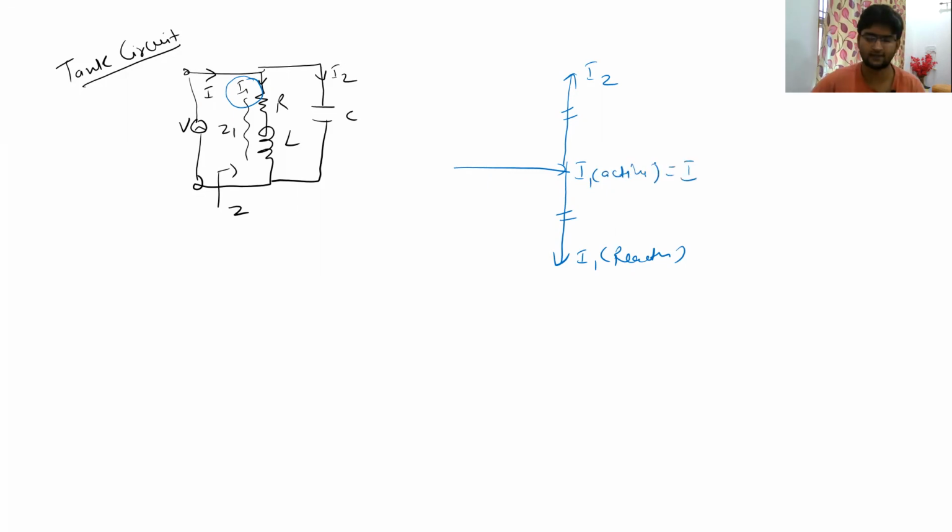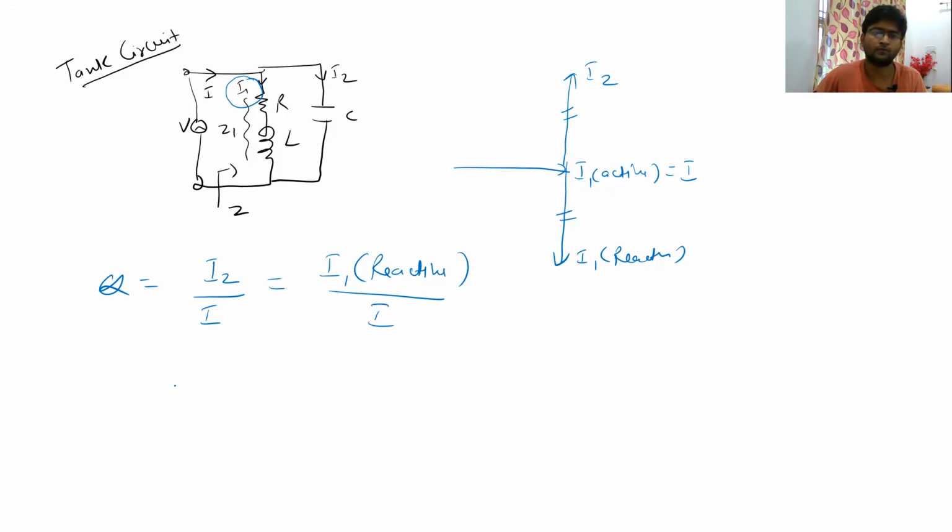So in the case of tank circuit, using the definition of quality factor Q, which is the ratio of reactive component of current divided by the active component of current, either we can write it as I2 divided by I, or we can also write it as reactive component of I1 divided by I. Clear?